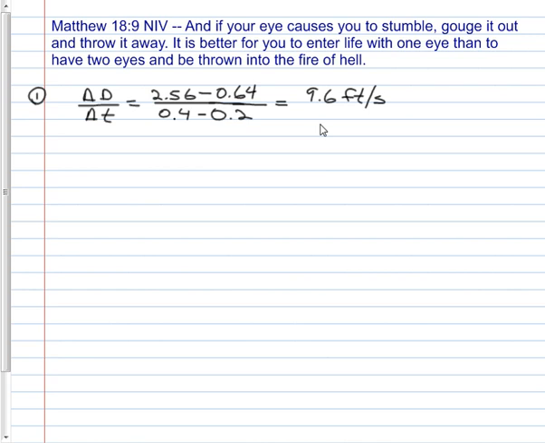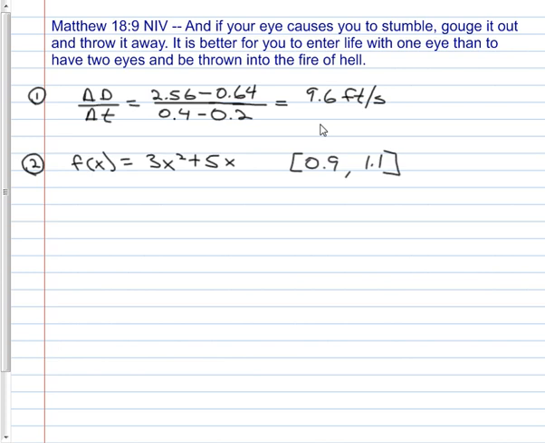Number 2, find the average rate of change for this function. f of x equals 3x squared plus 5x, over the interval 0.9 to 1.1.